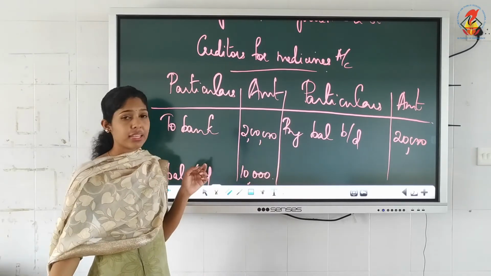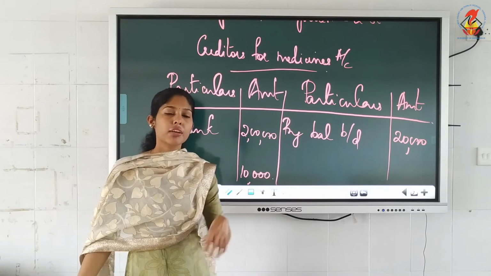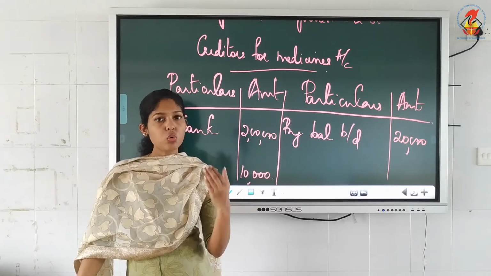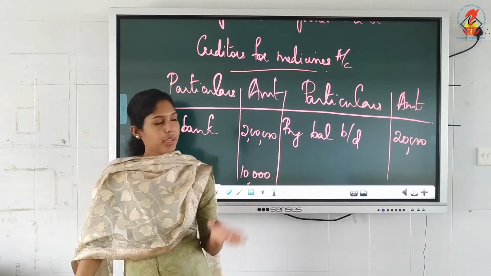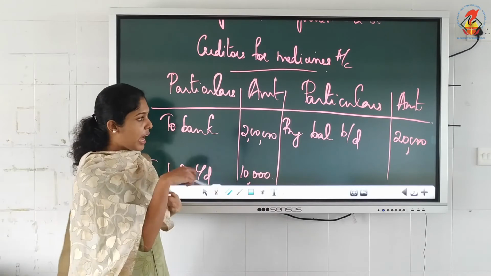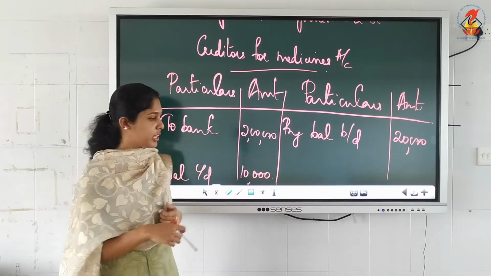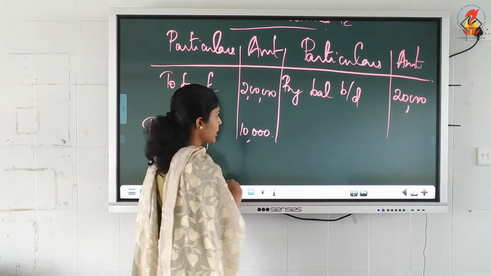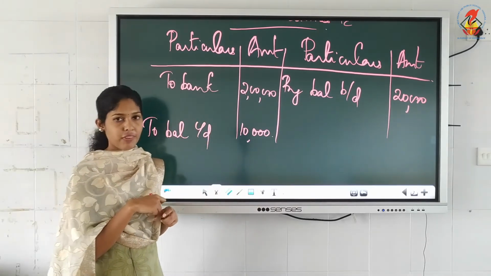Understood why we are writing it as to bank? Because we paid creditors. So the journal entry will be creditors account debit to bank account, the amount is 2 lakhs. Okay. Now we have to find the balancing figure. Balancing figure as usual, you have to add the debit side and credit side and find the balancing figure.